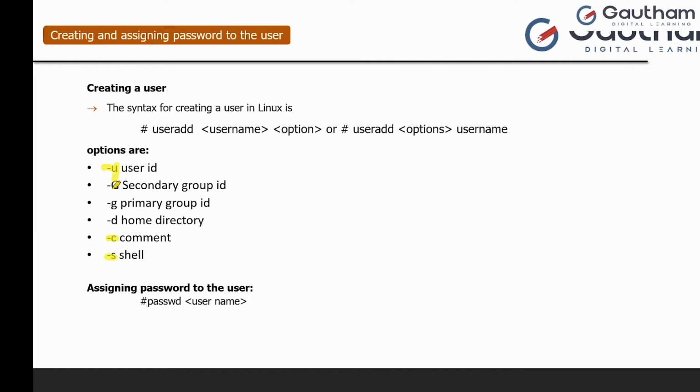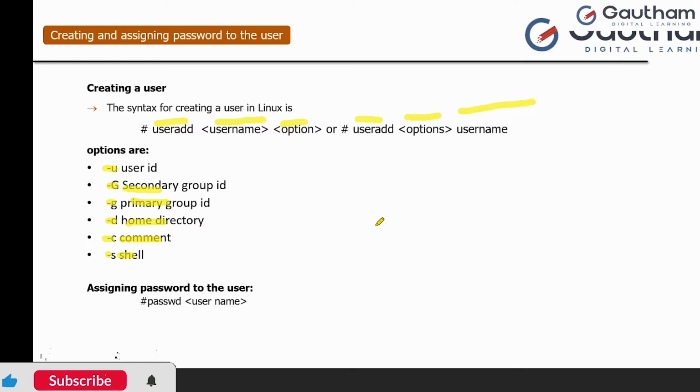So you can use all these options to set different attributes like -u for user ID, capital -G for secondary group ID, small -g for primary group ID, -d for home directory, -c for comment, and -s for providing shell. Now you can go like this: useradd, username, options, or useradd, options, username. Any way you like, you can use it and create a user.